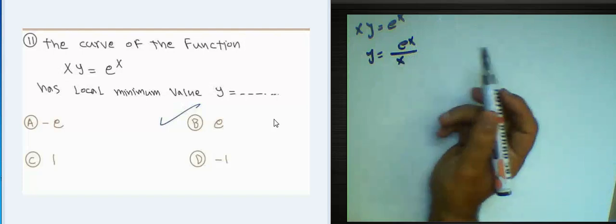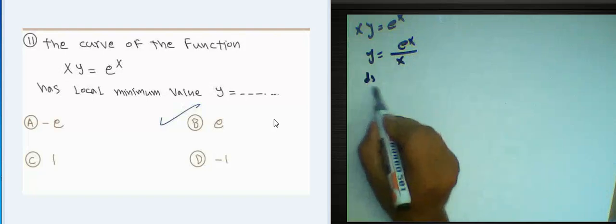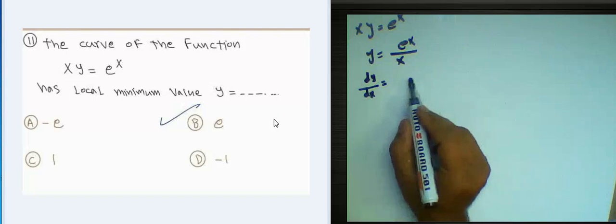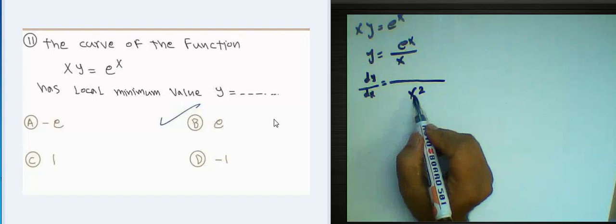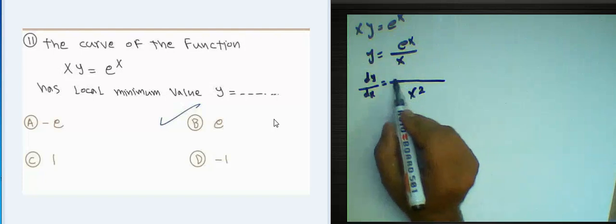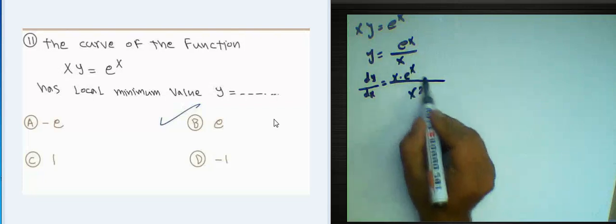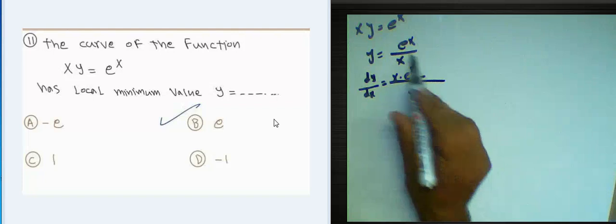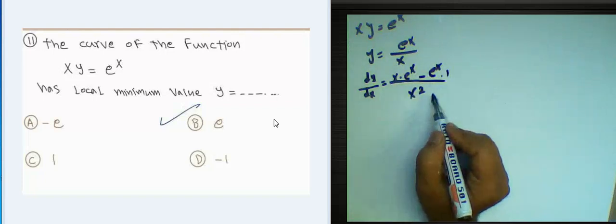By derivative with respect to x, dy over dx equal, write x in the numerator, power 2, and write x multiplication by derivative of the power, subtract e power x multiplication derivative of the base, which is 1.